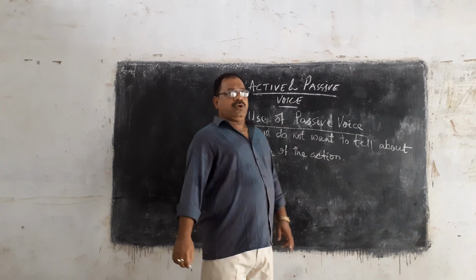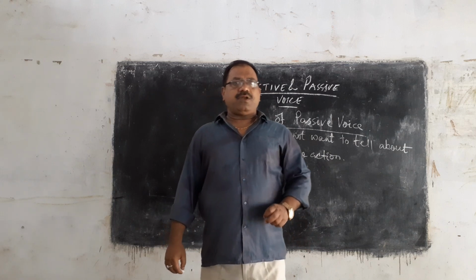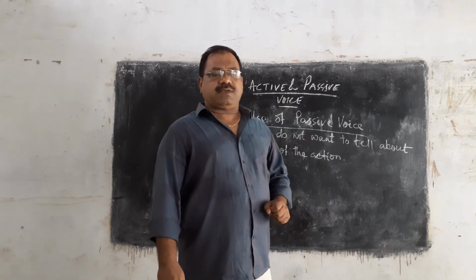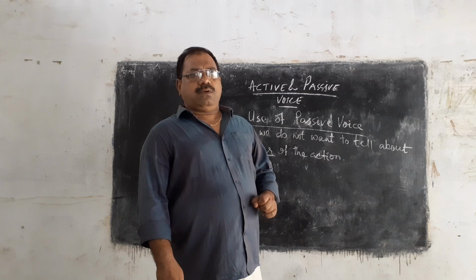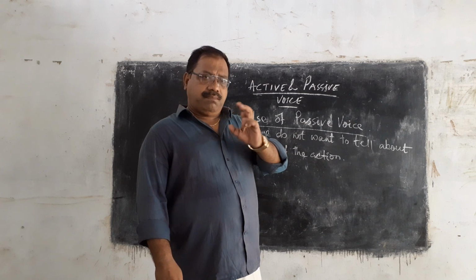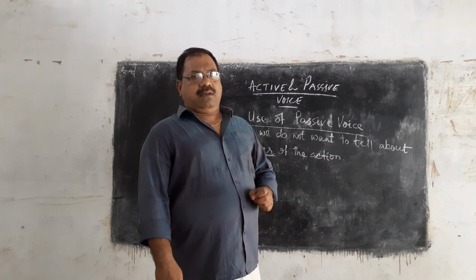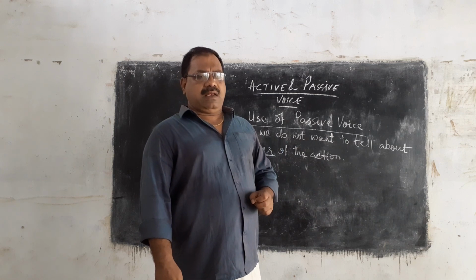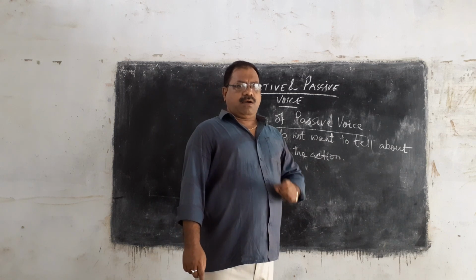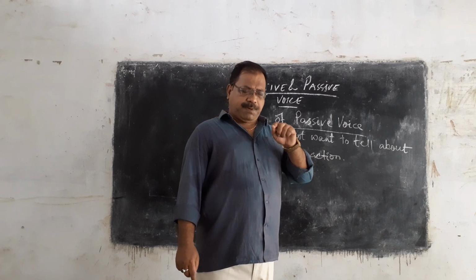That means we will specifically not mention the subject. We will make it a bit unclear. We do not want to tell about the doer of the action, about the specific subject.